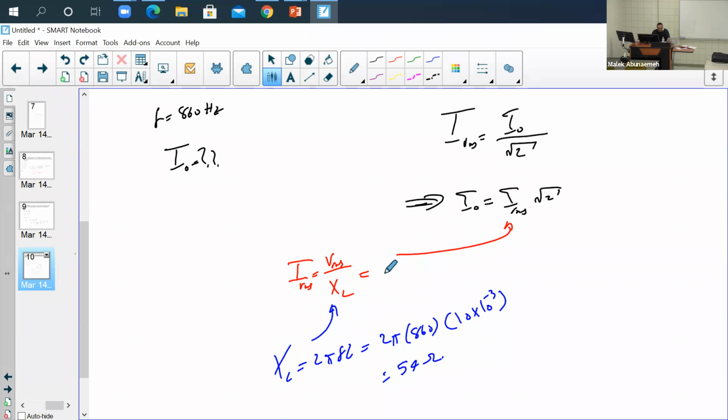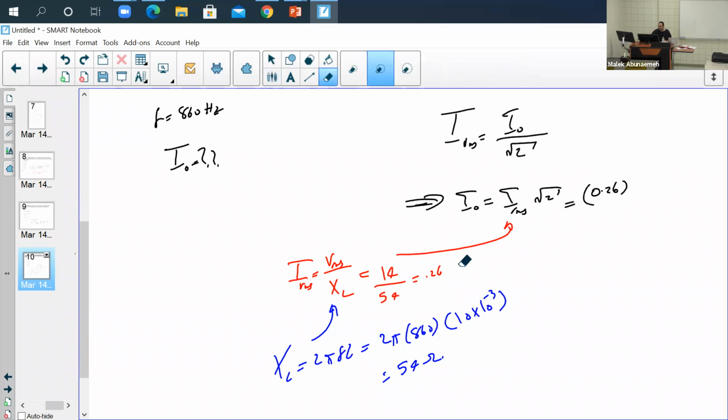So this one is equal to 54 ohms, which means that our root mean square current is gonna equal to your 14 divided by your 54. So that's gonna equal to 0.26, which means that the peak value current is gonna equal to your 0.26 amps.